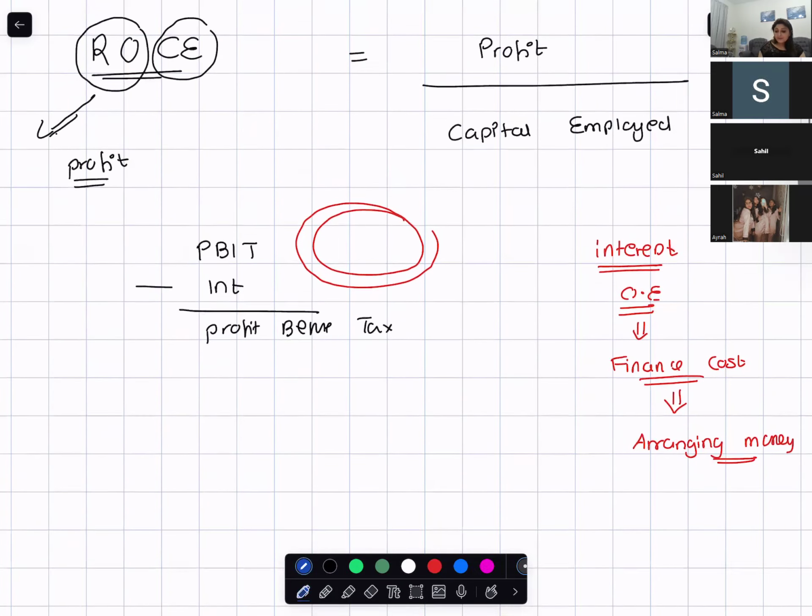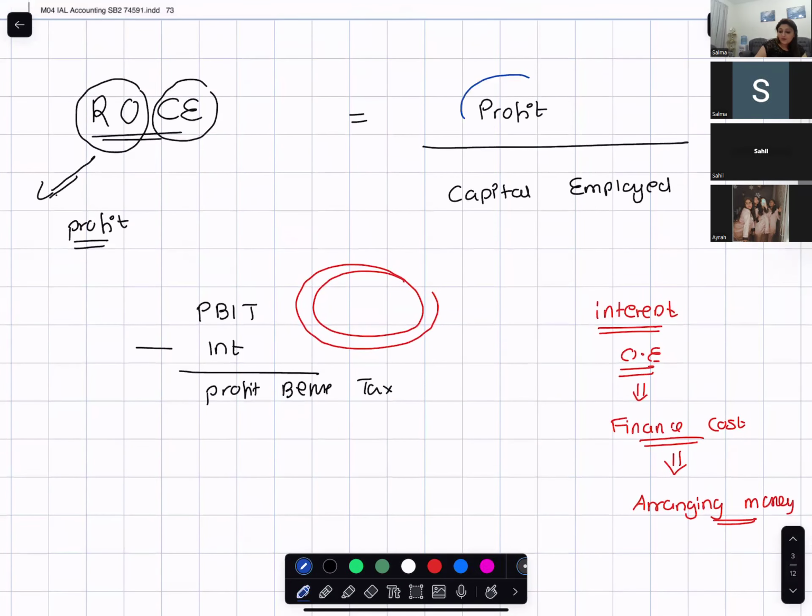Yes. When I want to know my profit on capital employed, I basically want to know how much operating profit I am getting because of the money that I am employing in business. Finance cost is not your operating expense.